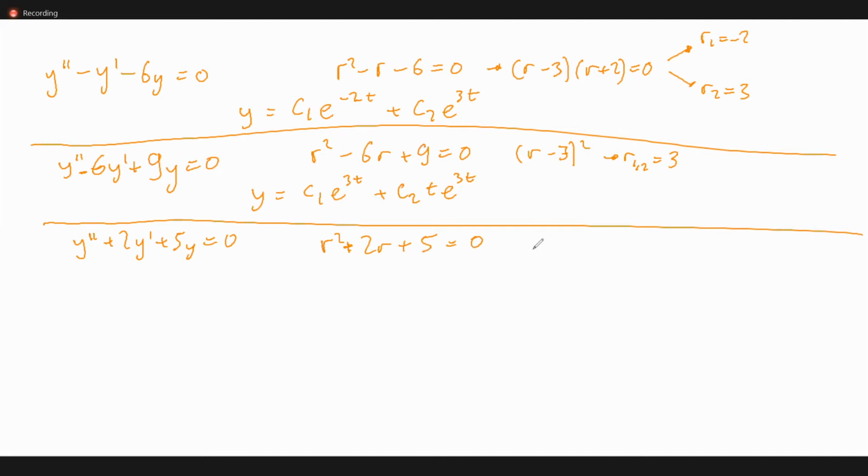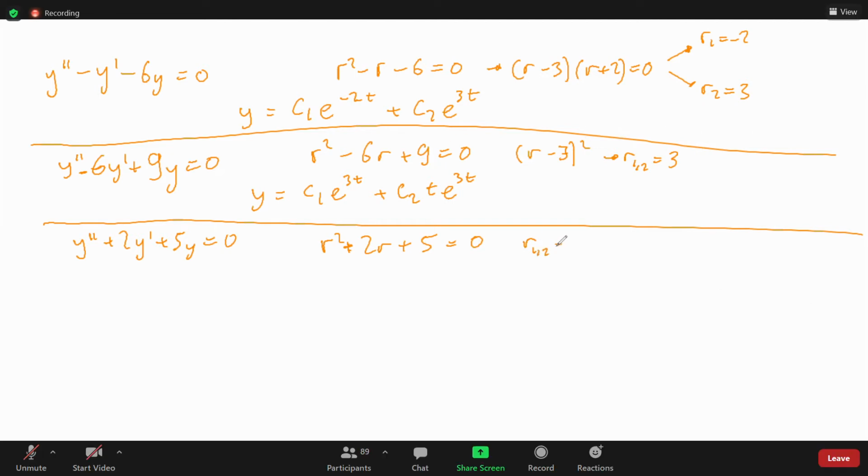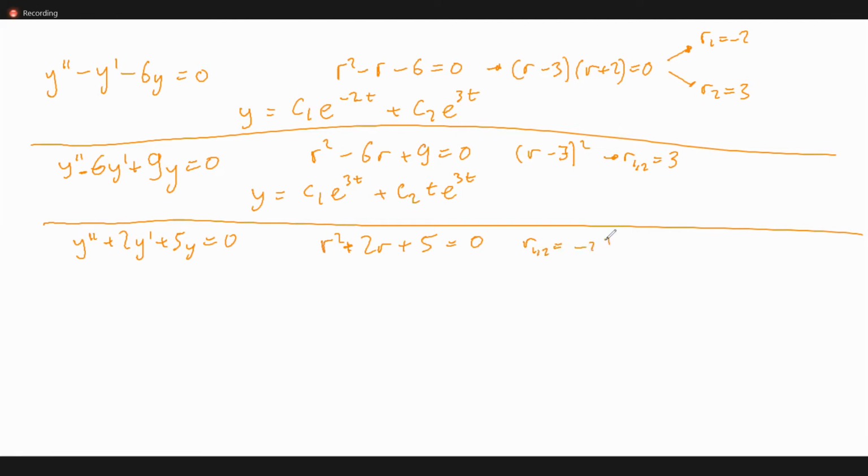To solve this, we have -2 plus minus the square root of 4 minus 20, divided by 2, which solves as -1 plus minus 2i.